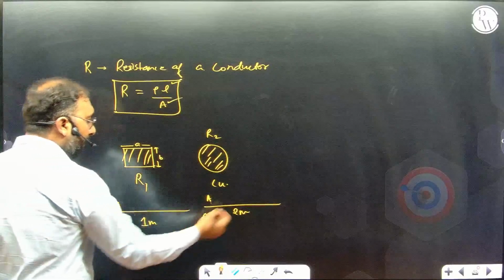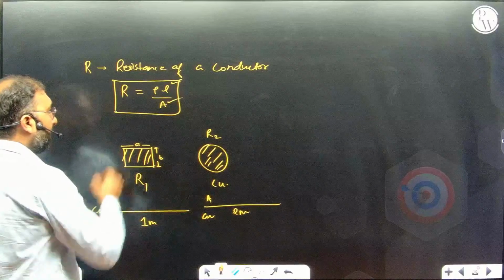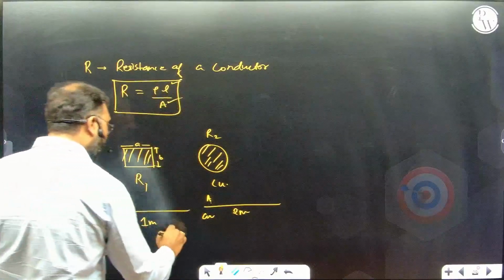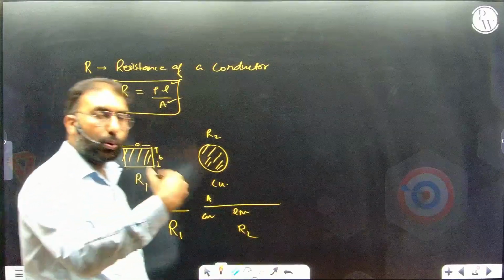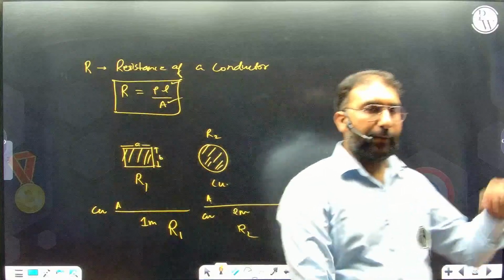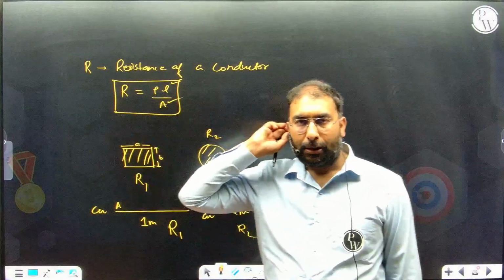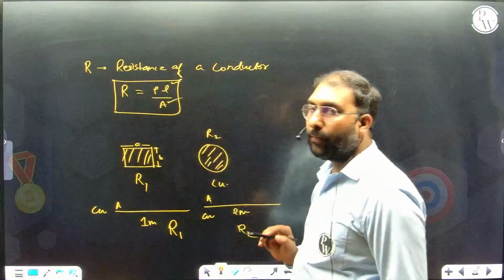It is 1 meter, it is 2 meters. Material is the same, area of cross section is the same, but still the length is not the same, so R will not be the same. If one has resistance R1, the other will have resistance R2. R1, R2 mean two different resistances. So resistance will depend on the length and area of the conductor.